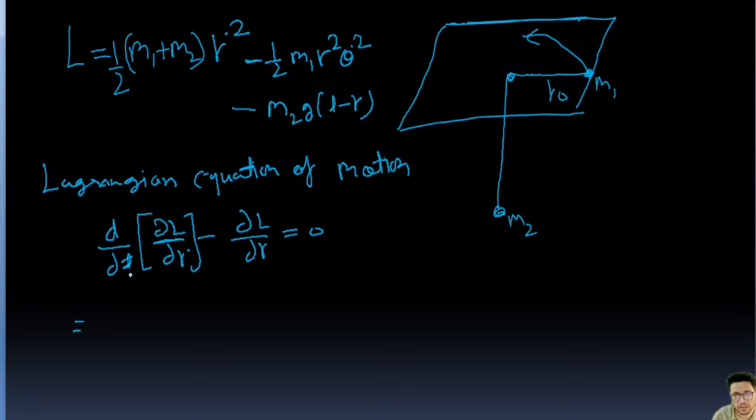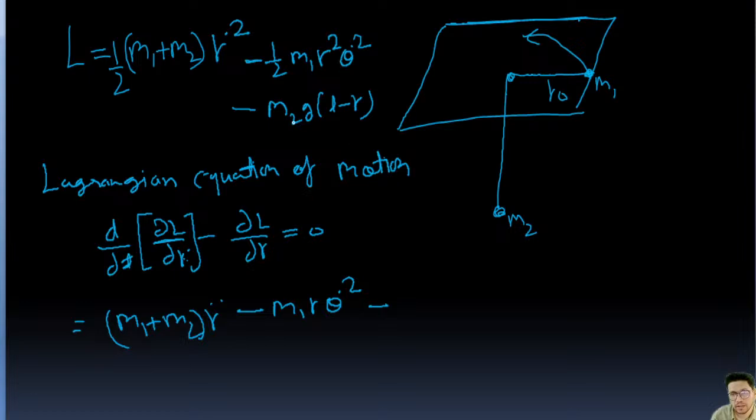First we'll differentiate this with respect to R dot, right? So this is going to be 2 R dot m1 plus m2 upon 2. The 2 will get cancelled, and this is going to be m1 plus m2 R double dot, right? Minus this with respect to R. So this one is going to be 2R m1 theta dot square by 2, the 2 will get cancelled, so it is m1 R theta dot square, right?